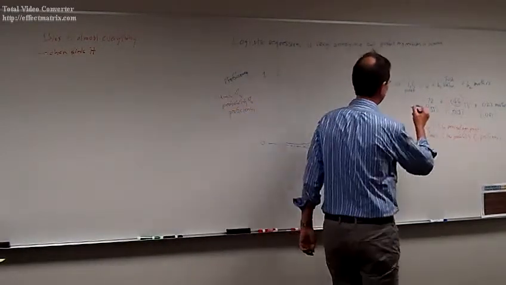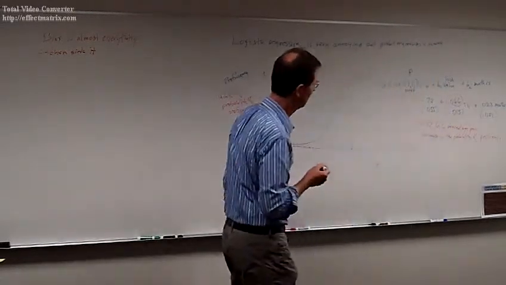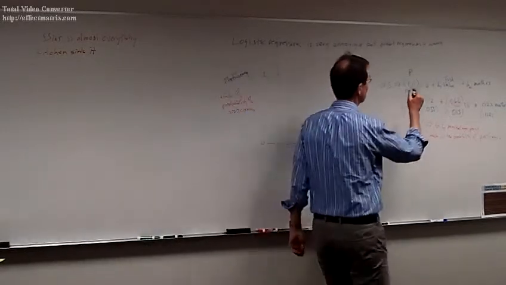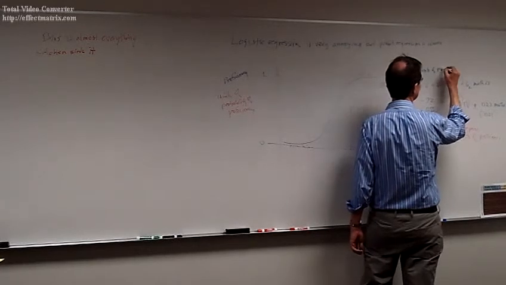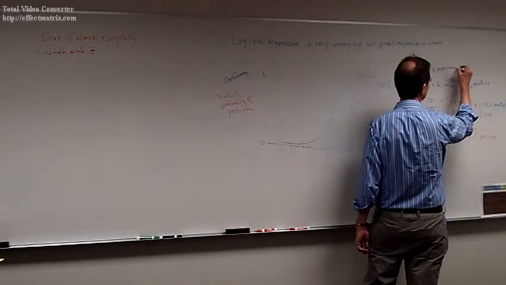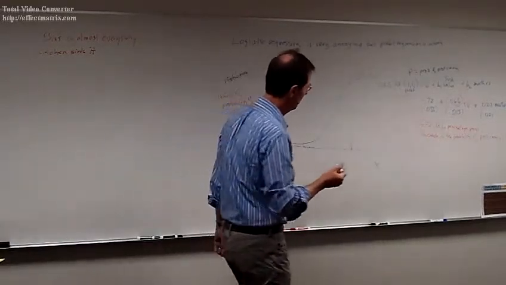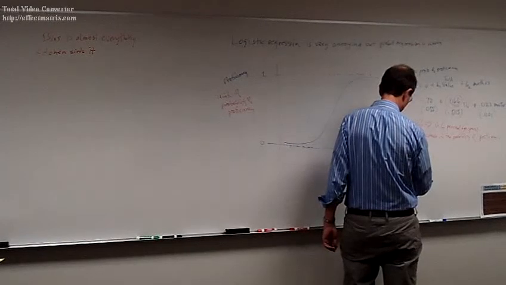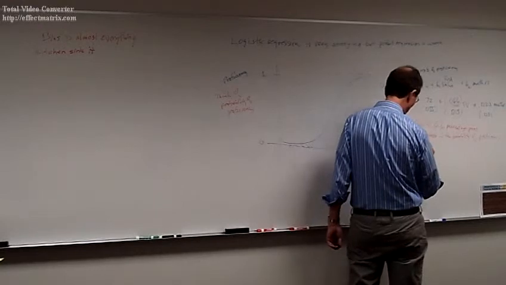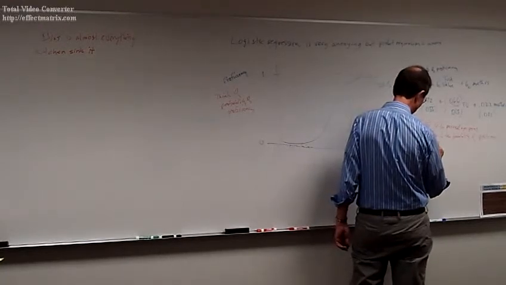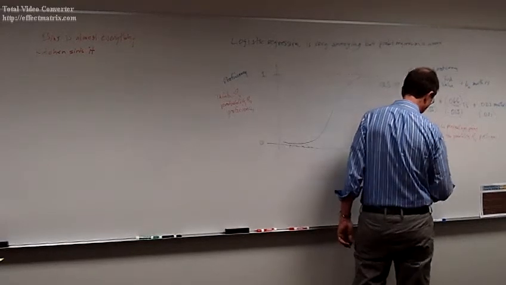If we call this P the probability of proficiency, then a logistic form isn't 1, 0, but rather it's the natural log of the probability over 1 minus the probability.